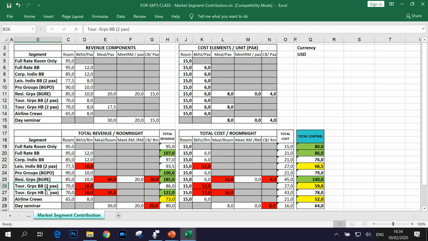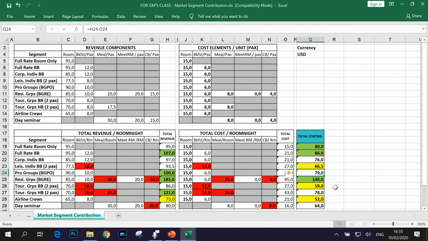Tour group bed and breakfast revenue was so-so, but contribution in terms of profit is very low. And airline, yes, of course, it's very low. So we can now see that revenue contribution and profit contribution is not always matching. Sometimes, for example, professional group appeared as a very good segment to push, but if we look into the profit level, it's not really the case.